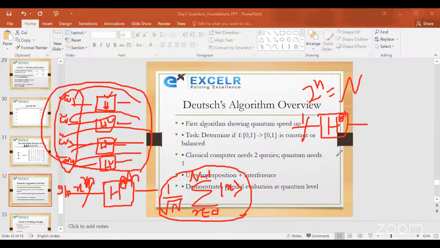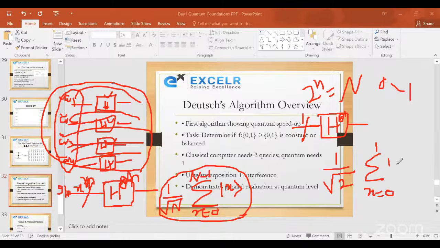And here, 1 by root n. 1 by root n means, there are only conditions 0 and 1, so 1 by root 2, with the summation x equal to 0 to n minus 1. So 0 to 1, right? N is equal to 2 only. So 2 minus 1, that is 1.